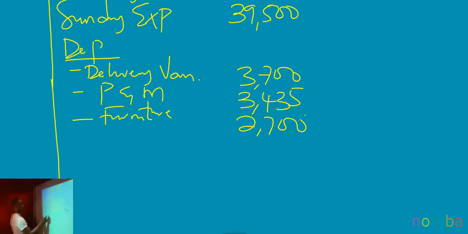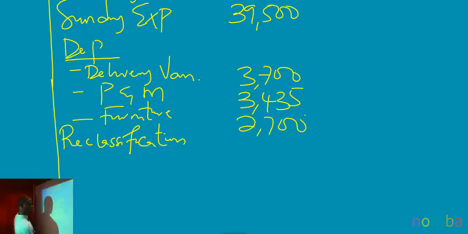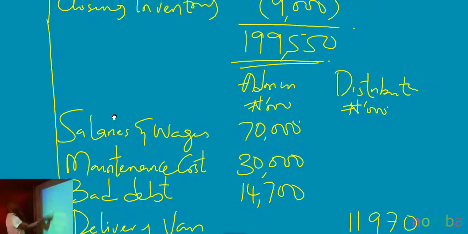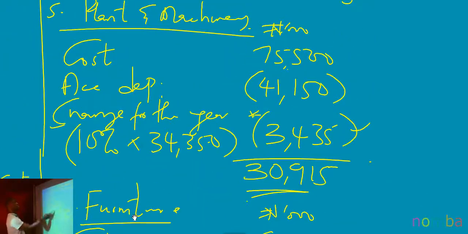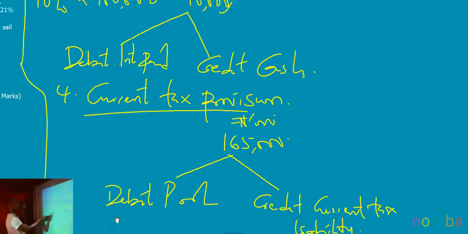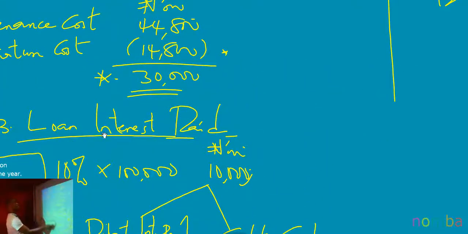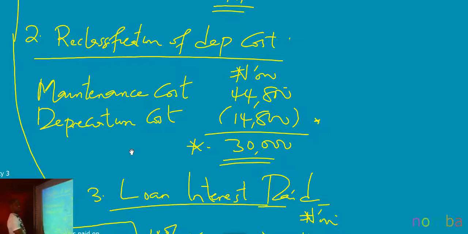And remember, the reclassification for maintenance costs that we did, you don't want to forget it, which is 14,800.